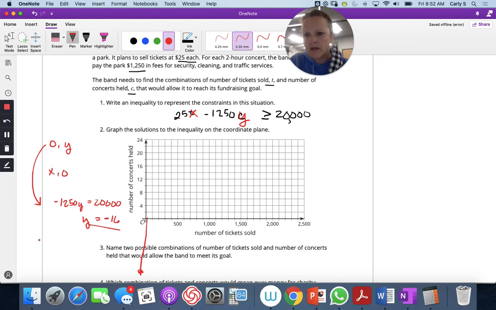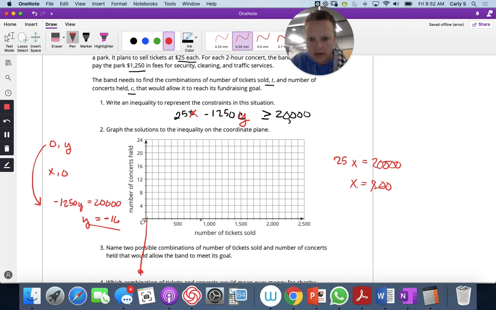We're going to put 0 in for y. So 25x, 0 in for y wipes out that term, equals 20,000. And let's get the calculator. And it was 800. I already divided that. 800.